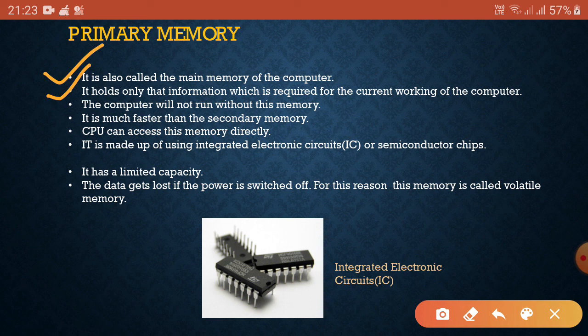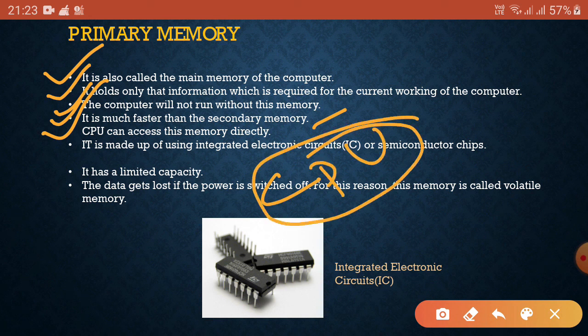Number three, we have already learned about it. Next, it is much faster than the secondary memory, so its speed is higher than the secondary memory. Next, the CPU can access this memory directly. So the central processing unit accesses which memory?